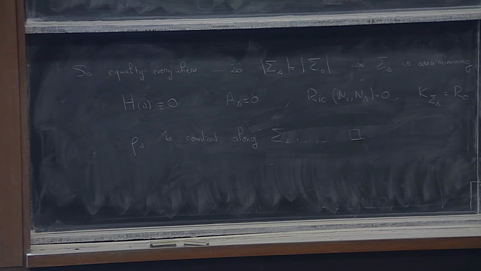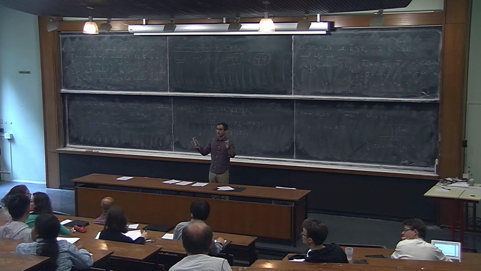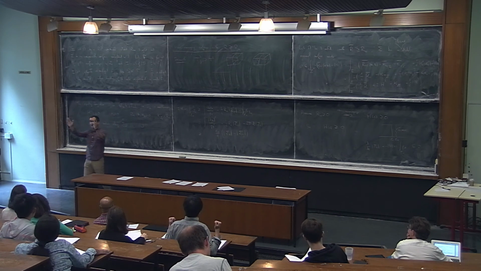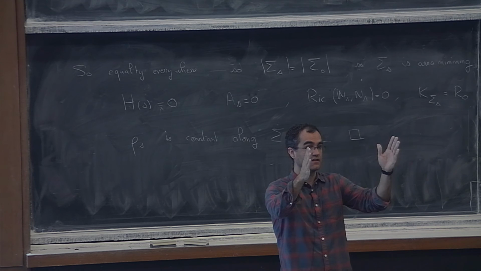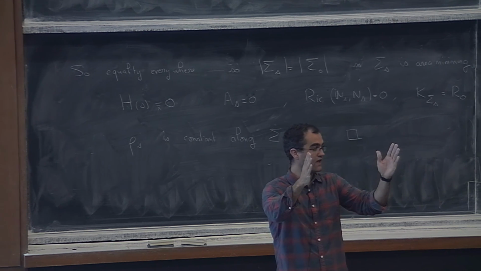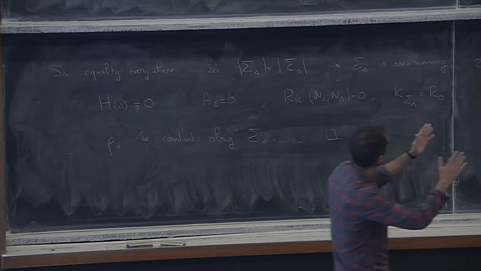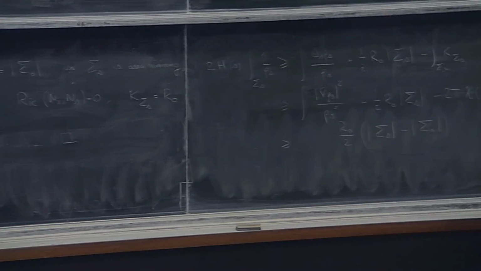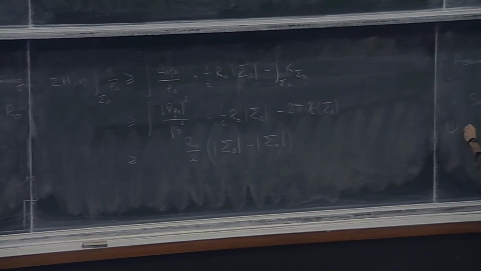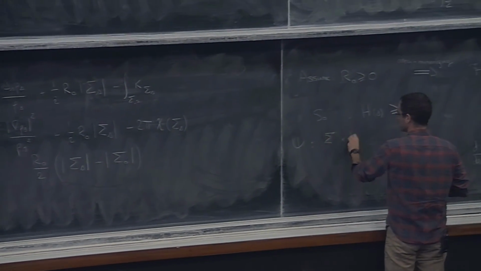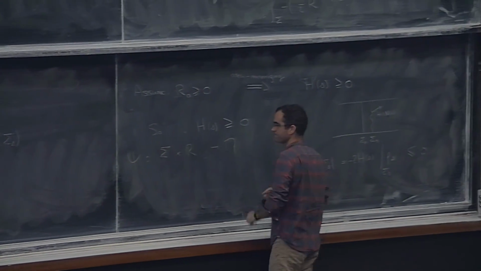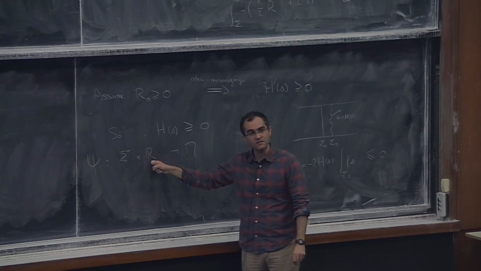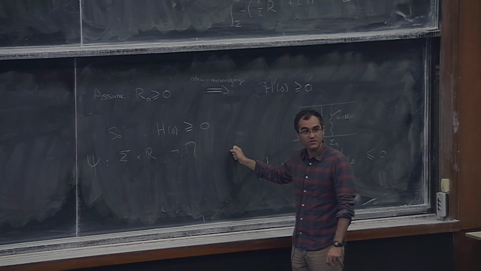Yes? You continue with sigma delta over 2. Yeah, the thing is that what I have proved is the following. I have a local splitting of the manifold. So in some sense, the map psi, I believe it was psi, from sigma cross R to M, what I want to prove is that this is an immersion and it's an isometry.